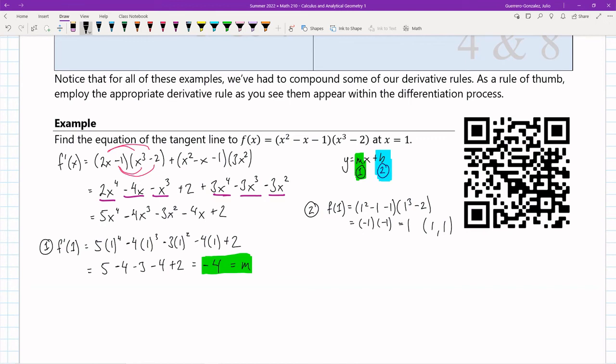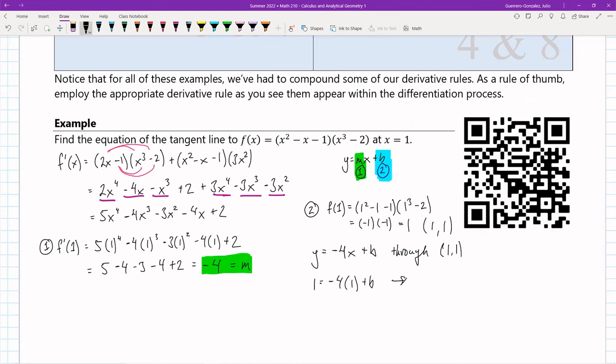Okay, now we're going to go ahead and find b. So we know y is going to be equal to a minus 4x plus some value b, right, through our point 1, 1. So 1 is equal to minus 4 times 1 plus b.